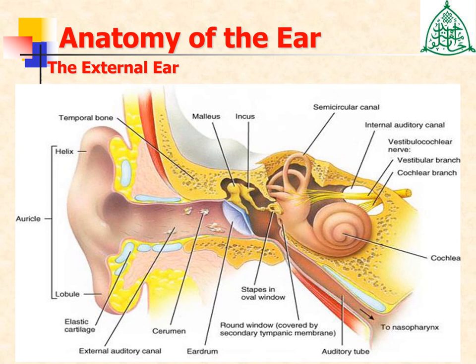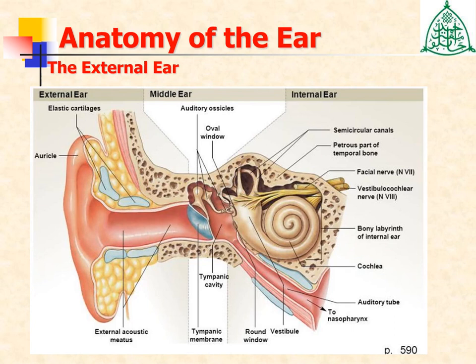In the meatus, these sound waves move to the area of the tympanic membrane, and within it we have hairs and waxy secretions from the ceruminous glands that help in trapping foreign substances or dust and prevent them from reaching the tympanic membrane.